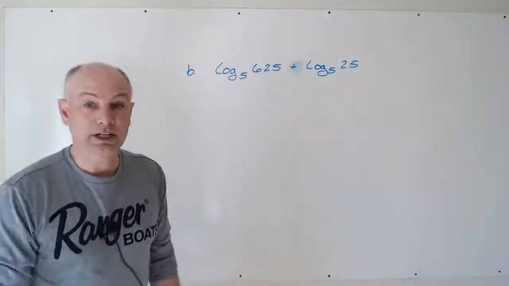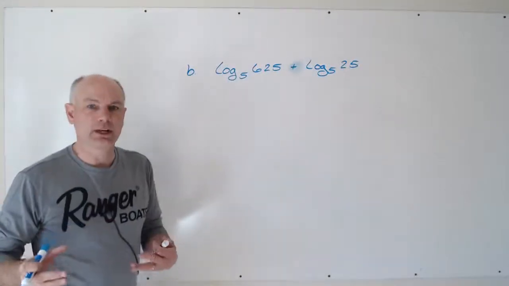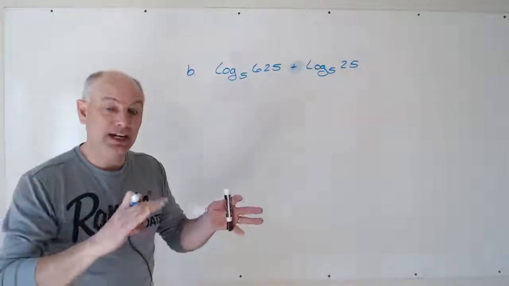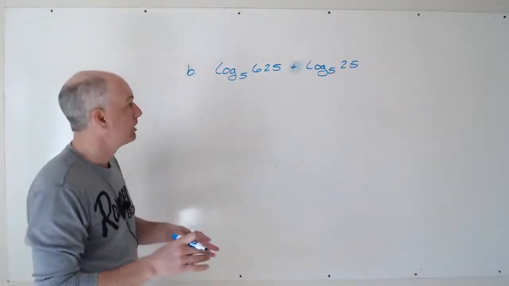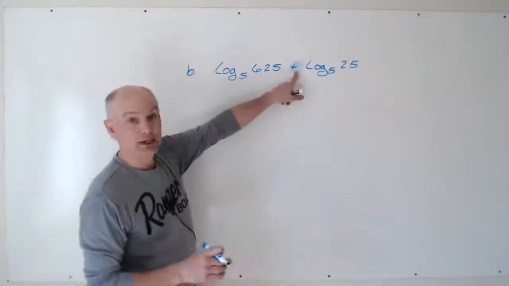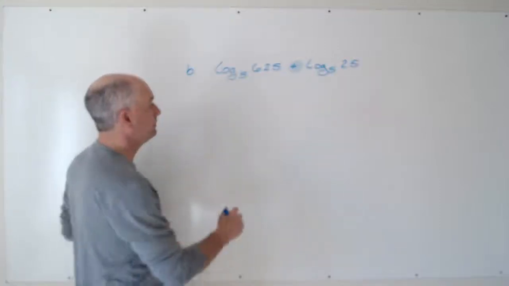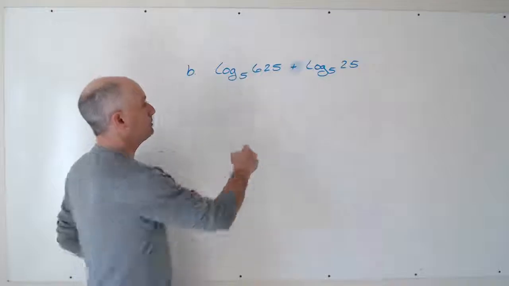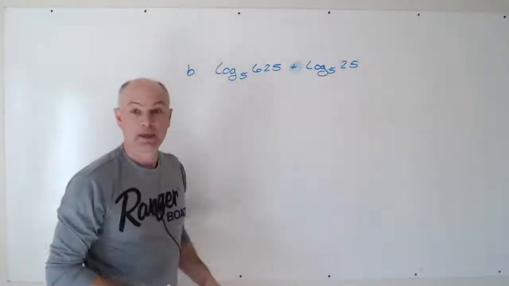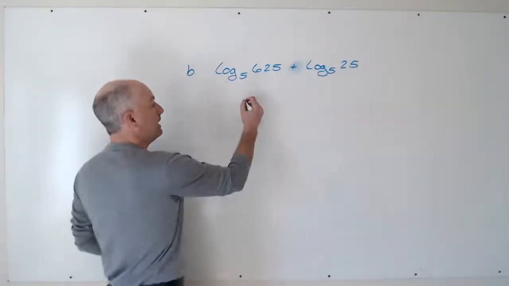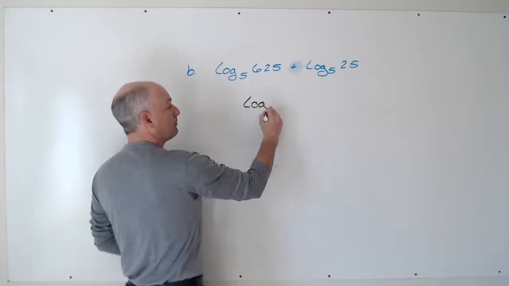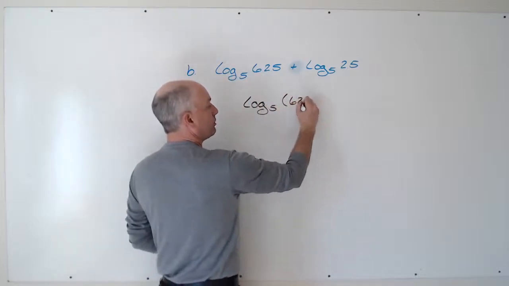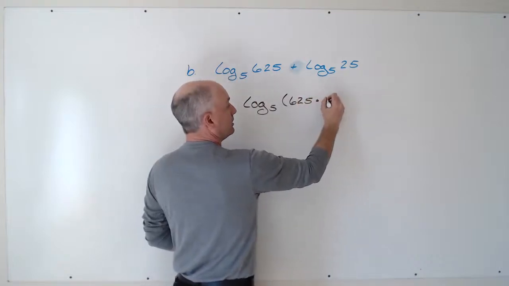So in this particular case, you'll notice that your numbers are getting a little bit bigger, so we might want to involve a little strategy as we work through this. Now again, we should recognize we've got an addition of logarithms here. So again, what do I get to do with an addition of logarithms? Under same base, I can go ahead and combine them as a log of a product. So I'd get to say log base 5 of 625 times 25.